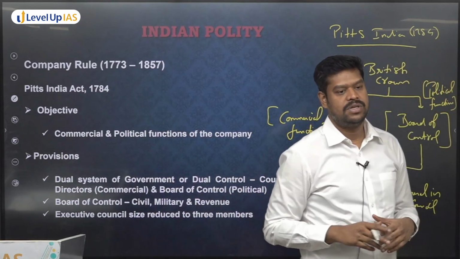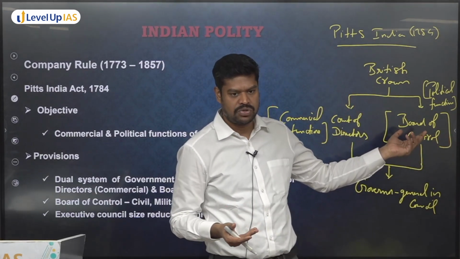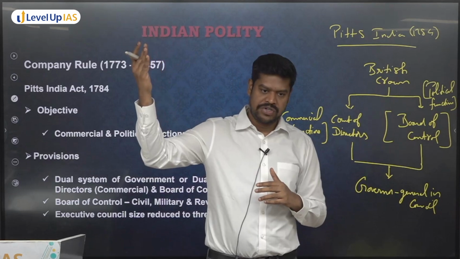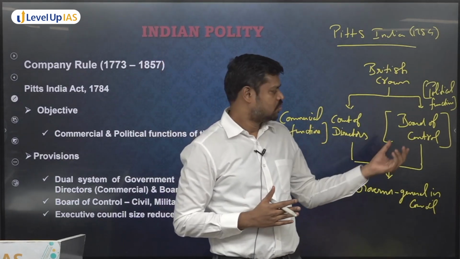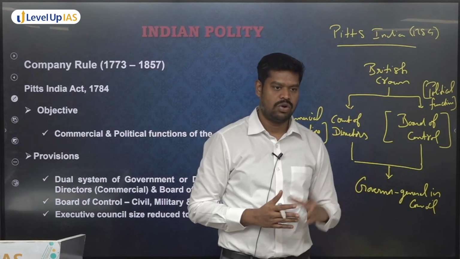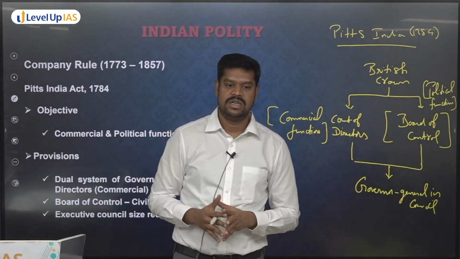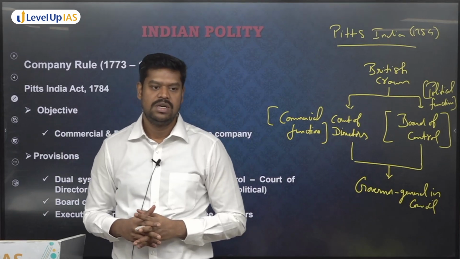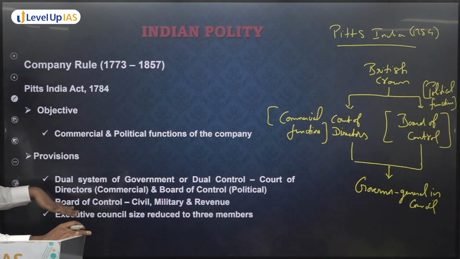And some of the representatives of the British Parliament were also there. So largely they were part of the board of control, and they would report to the British Crown, and they would direct the Governor General in Council with regard to the political functions. So this is a major change.